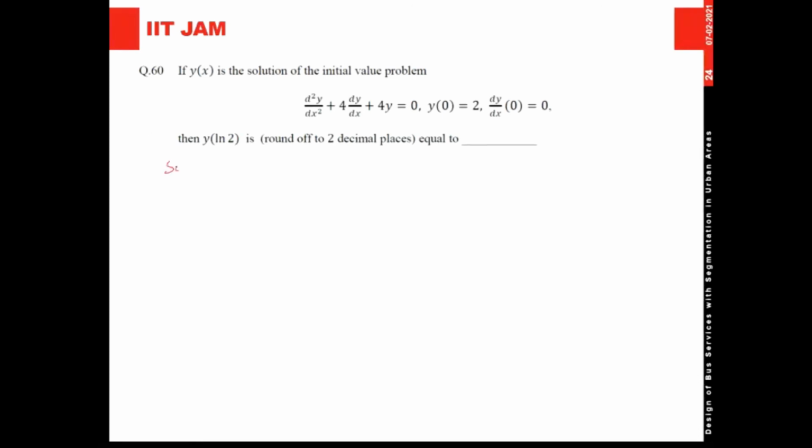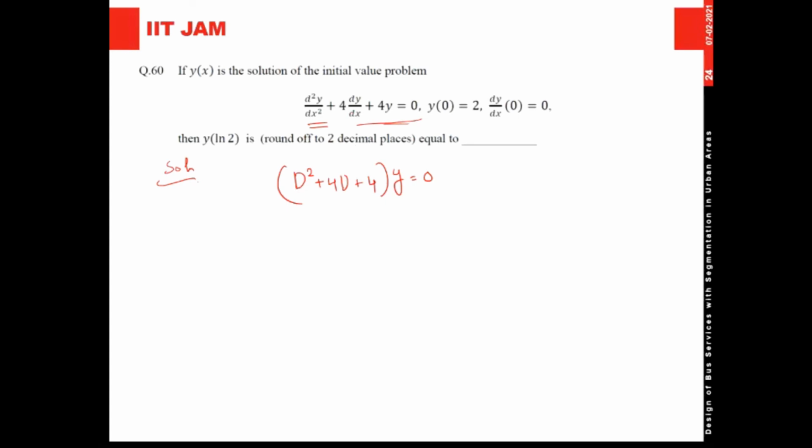For such problems, you can write it in the form: taking the derivative D, (D squared plus 4D plus 4) of y is equal to 0. So this is a homogeneous differential equation with constant coefficients.